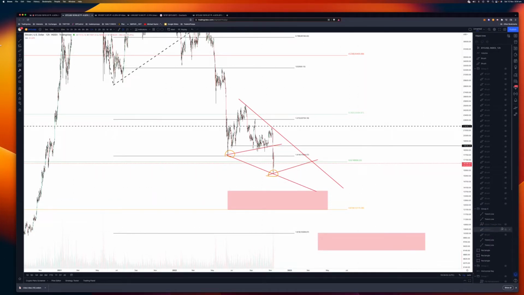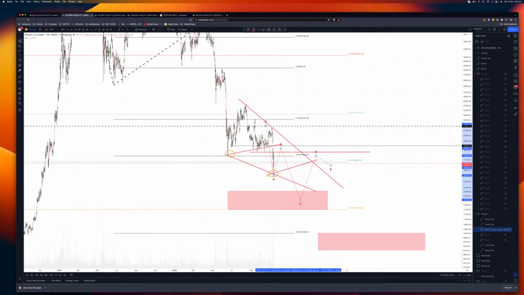Where is that line? Yep, there we go. So if we do that, it doesn't have to be a perfectly inverted head and shoulders, doesn't have to be flat type of stuff. But maybe we can look at it like that. We can probably get an inverted head and shoulders or descending wedge, as you can imagine.